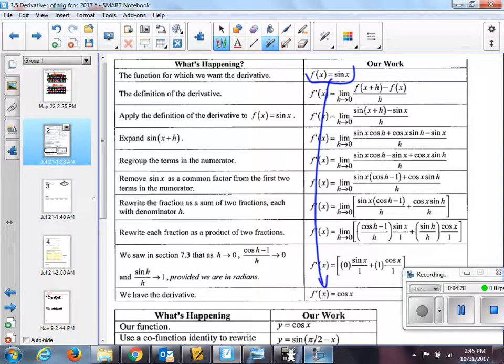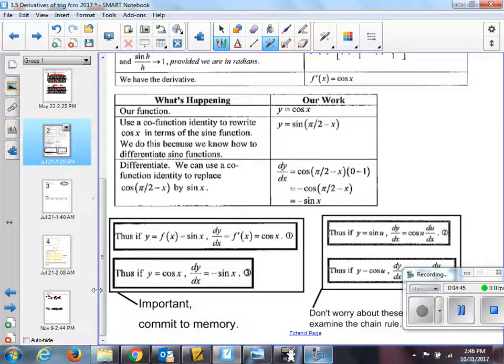It involves some of the limits we saw before, like sine of h over h, where h is approaching 0. I'm not going to go into this, though. What you need to know is these two net results. Commit to memory.